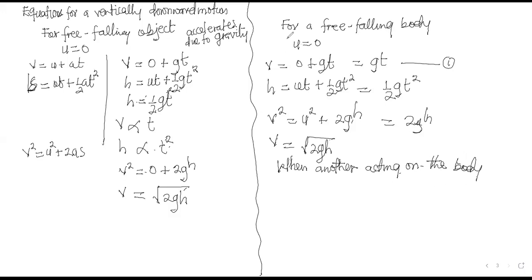When gravity is the only force acting on the body, it is said to be free falling. When there is another force, I'm going to give an example. We have Frank and Giovanni. Frank and Giovanni are given 2 oranges to drop to the ground from the top of a story building.